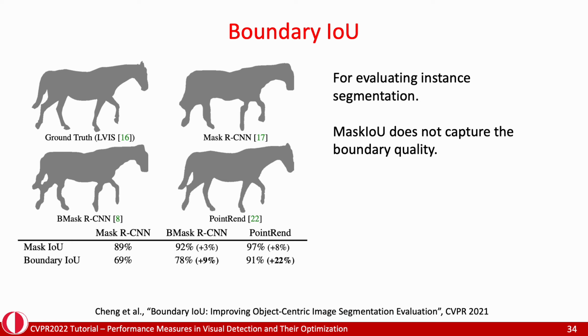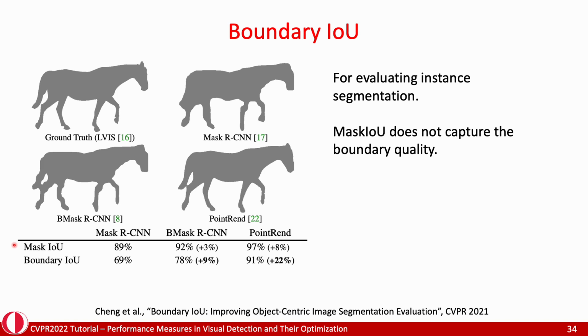The next performance measure is boundary intersection over union. This is a measure that is specifically proposed for segmentation tasks. And here is a motivational figure from the paper. Here we see 3 segmentation results, as shown here, for an object whose ground truth segmentation is given on the top left. The usual quality measure used in this task is mask intersection over union.